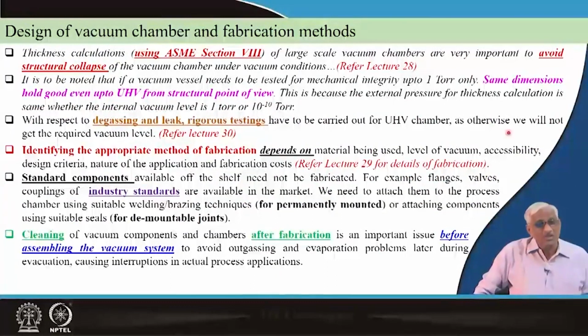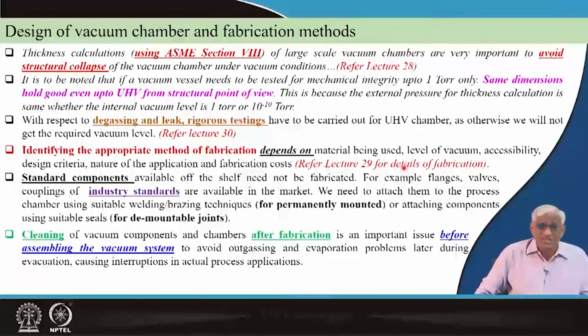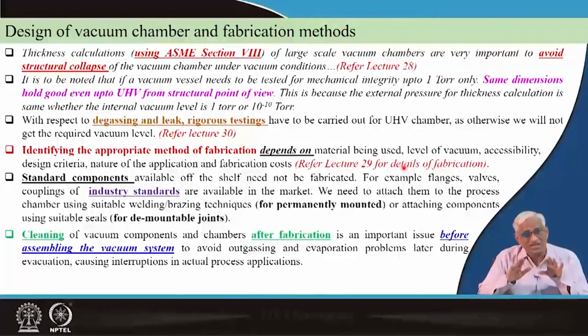Okay. Then chamber fabrication. A designer normally has a tendency to say fabrication is not my headache. No, nowadays you have to know something about everything, and if you are a specialist, everything about something.